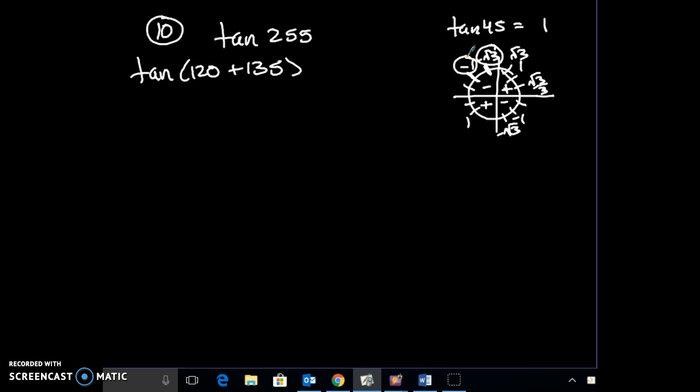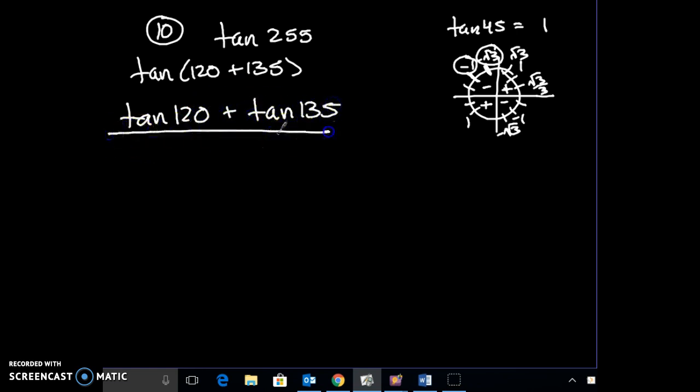Okay? So let's span this. Tangent 120 plus tangent 135 over 1 minus. Okay, so I'm going to replace every single thing with those two values. So tangent of 120 is negative radical 3.